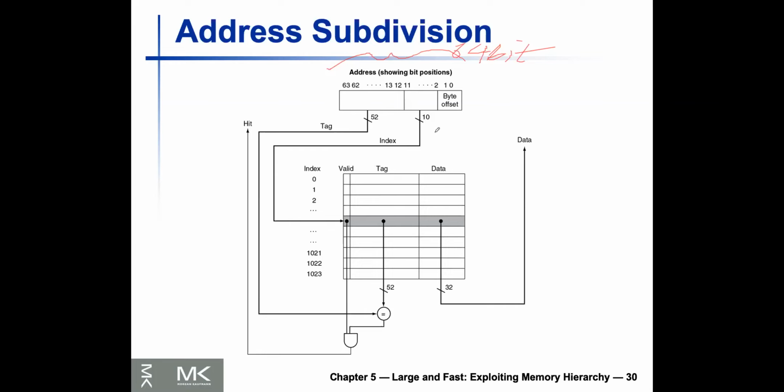With the block offset, we are actually supplying more information for a large RAM data. So in this example, we have a 64-bit address. We are using 2 bits for the byte offset, so bits 0 and 1. And from bits 2 up to 12, we are using those bits for the index, right? And for the rest, we are using the tag, okay?